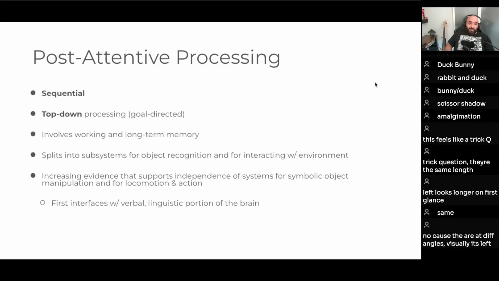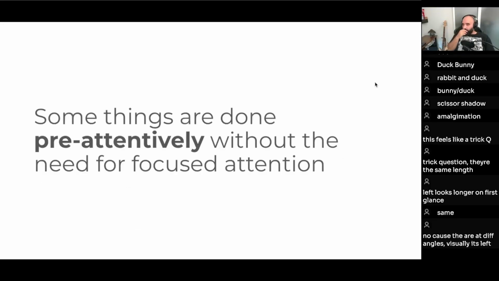It's where it interfaces with the verbal and linguistic portions of our brain. And then we're talking about these two different systems, locomotion and symbolic objects, and the latter interfaces with motor systems that control muscle movement. So that's how our processing works.